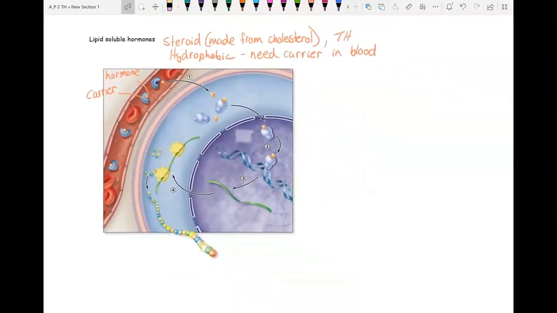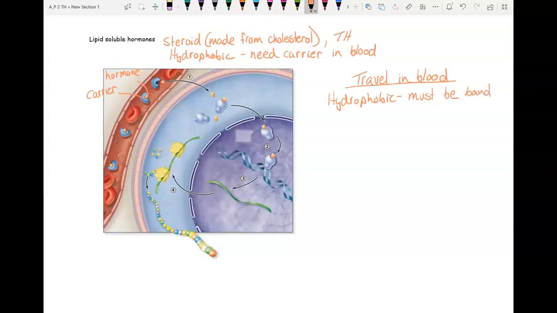So the first issue to consider with lipid-soluble hormones is how they travel in the blood. Since they are hydrophobic, they must be bound to a carrier. While a hormone is bound to a carrier, it is called bound hormone.